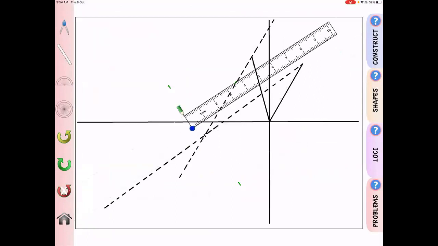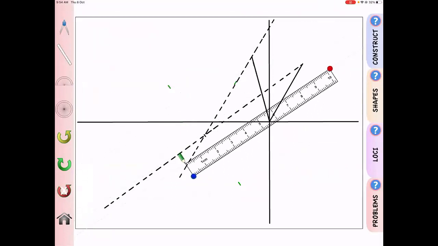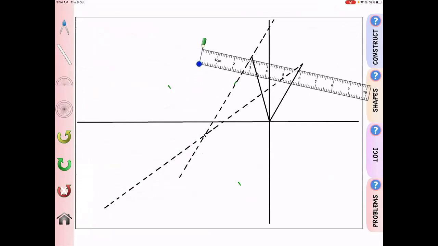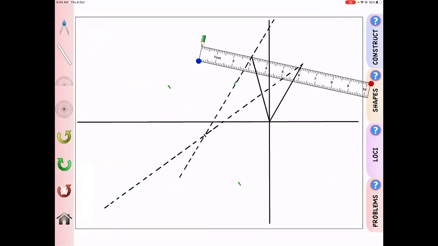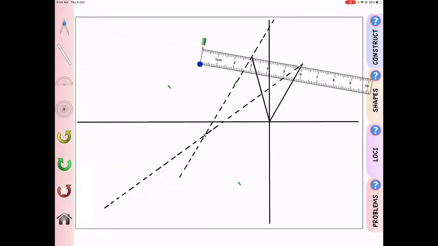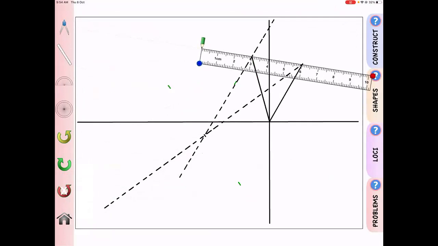We need to take the middle point of B1 B2, right, in example number 1. So let me just take the middle point. So this distance is approximately 31, or I can say 30 maybe.